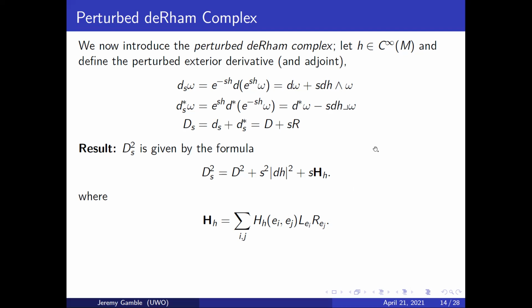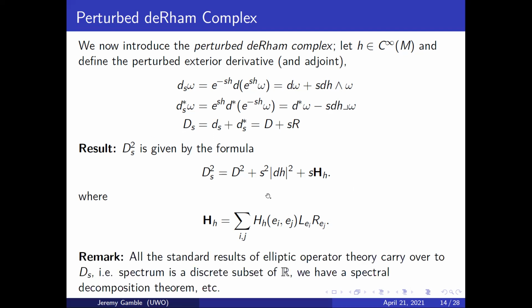Okay, so we have this perturbed de Rham complex, this perturbed Dirac operator, and the associated perturbed Laplacian. You just have to take it as a fact, because we can't prove it all, that anything you would want to do in standard elliptic operator theory is going to work with this D_s.